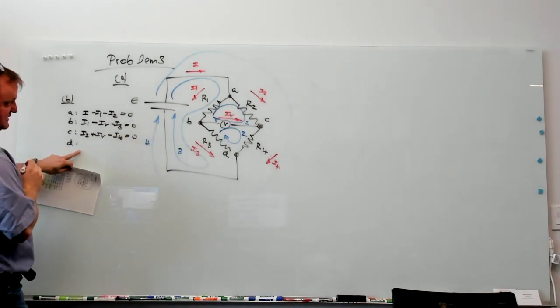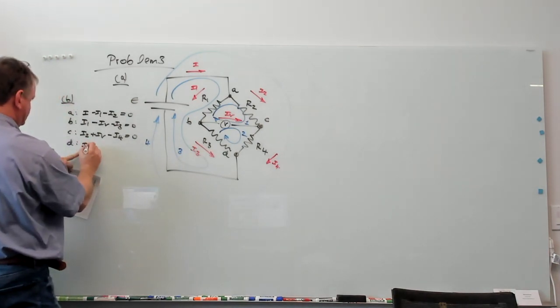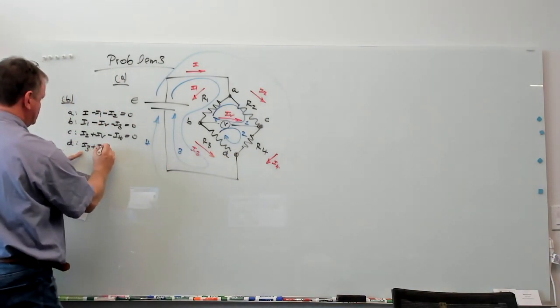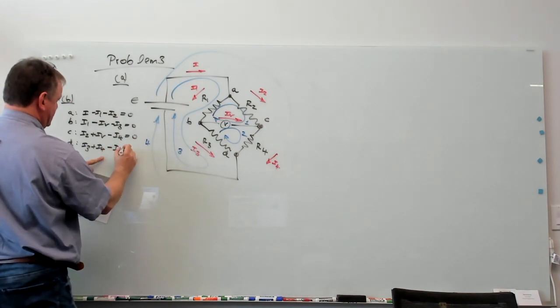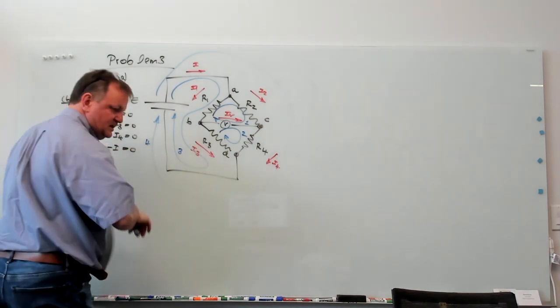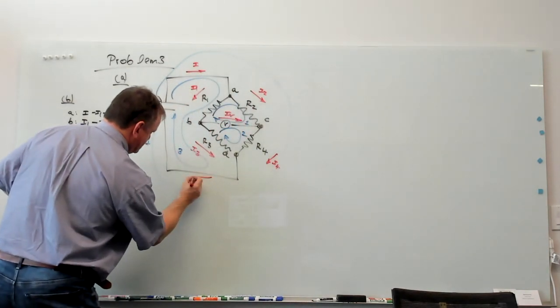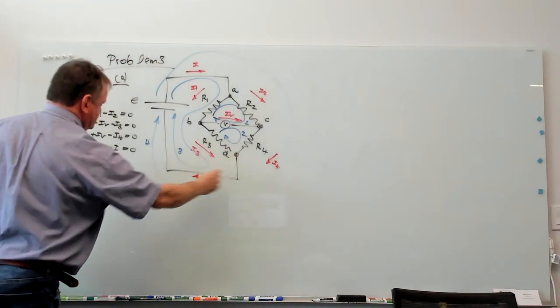And last but not least, you have now current I3 going into junction D plus I4 going into junction D, and current I is leaving that junction, minus I equals 0. Let me in fact draw here explicitly current I from junction D back to the battery.